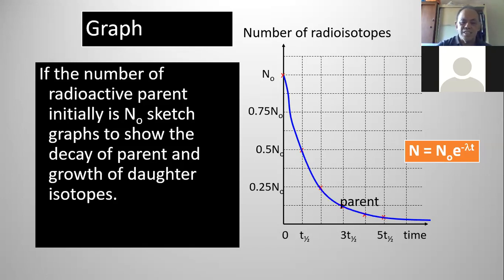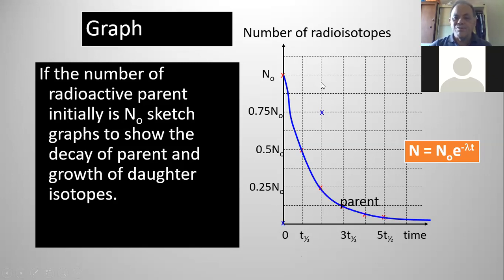How about the daughter? Remember, the parent decreases, the daughter starts to increase. The same thing there. Initially it will be 0. Then as the parent decreases to half, your daughter will increase to half. And as the parent decreases to a quarter, the daughter will increase to 3/4.